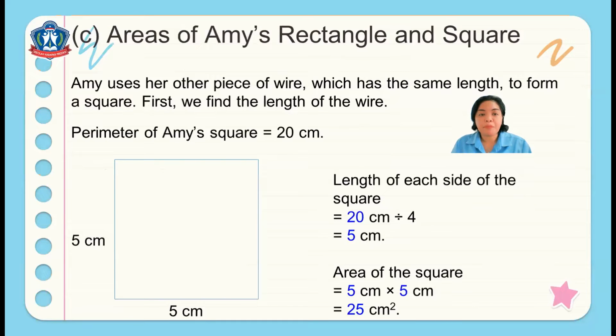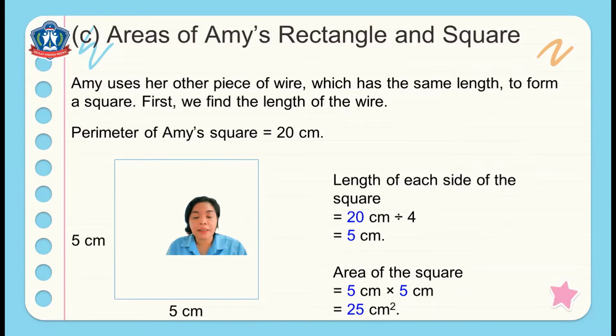Now, Amy uses another piece of wire with the same length, which is 20 centimeters. And this time, she will form a square. Remember, a square has all the sides equal. So to get one side, we just simply divide 20 by 4. Where did we get 20? It says before that the rectangle and square have the same length of wire. So 20 divided by 4 is 5. So this square is 5 centimeters on one side.